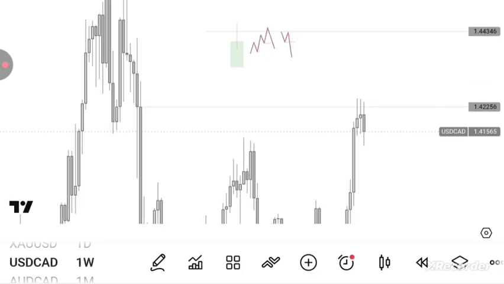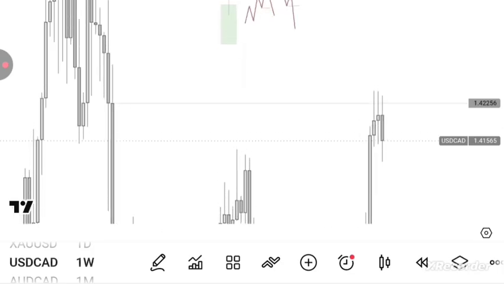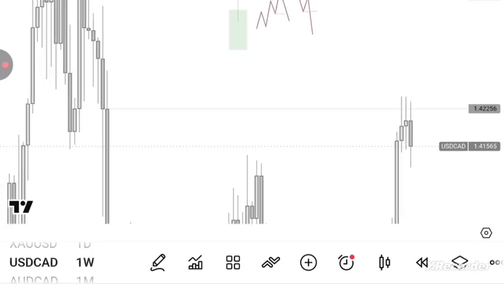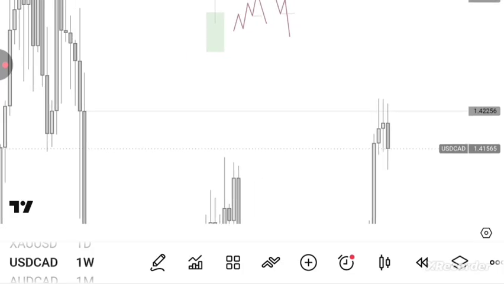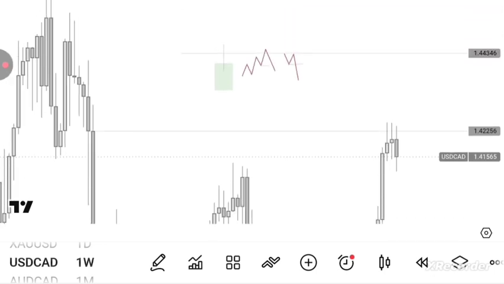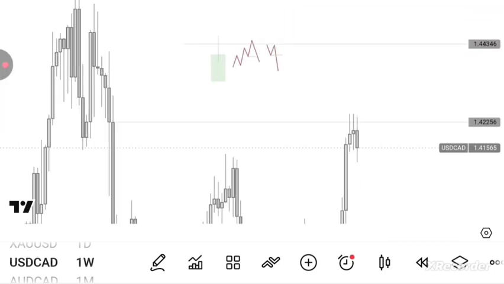That was the first thing. That was the first candle that tapped into the key level, right? So the second candle also came there and wicked out from that key level, right? So this already has given me something on the weekly time frame.